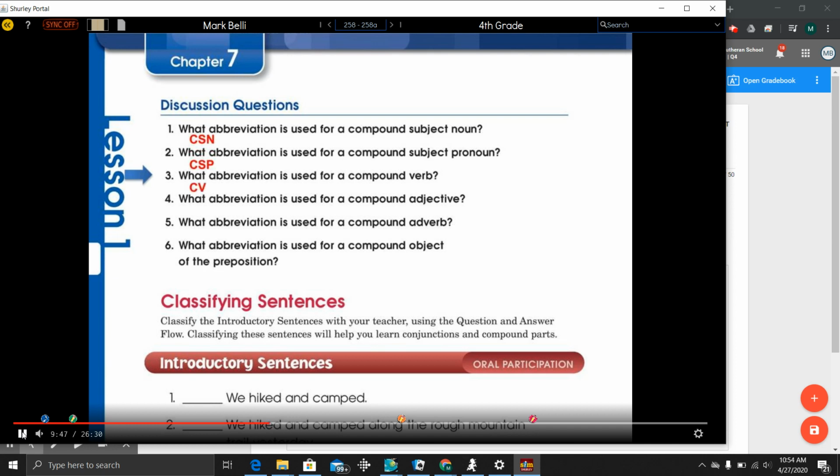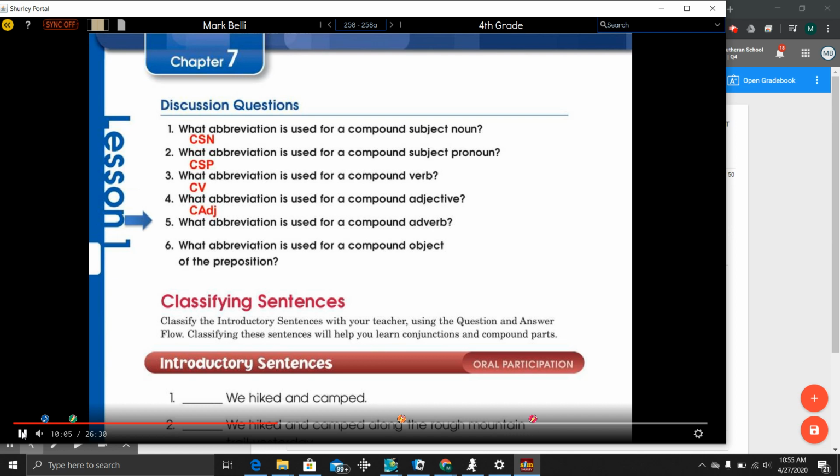The answer, capital CV. Good job. Question 4. What abbreviation is used for a compound adjective? Got it? The answer, capital C, ADJ.